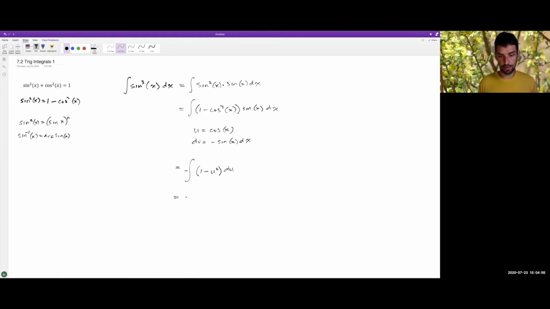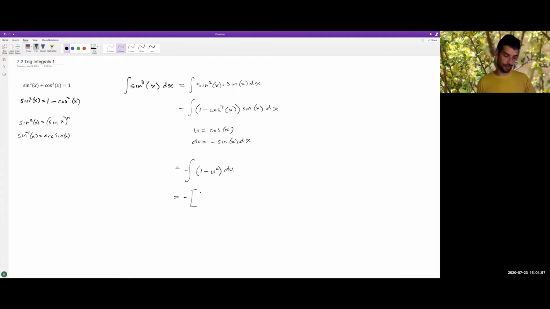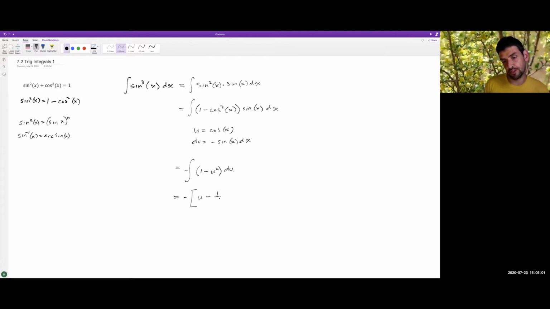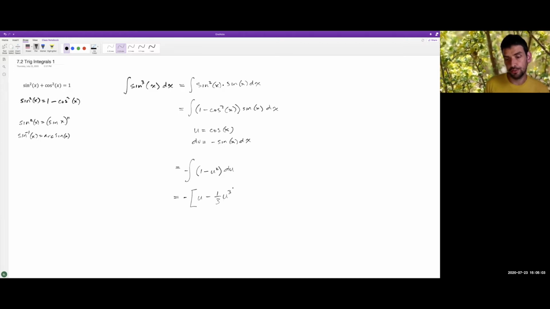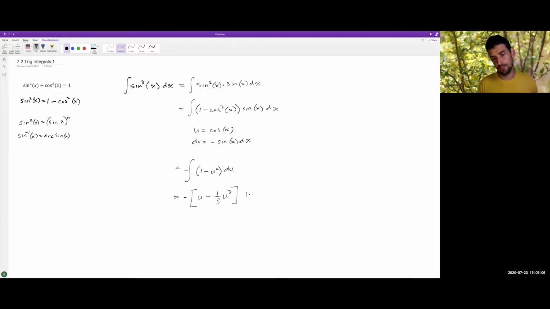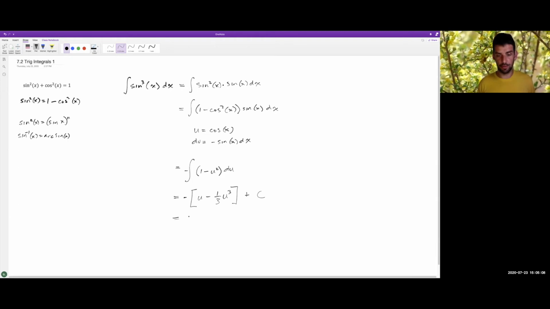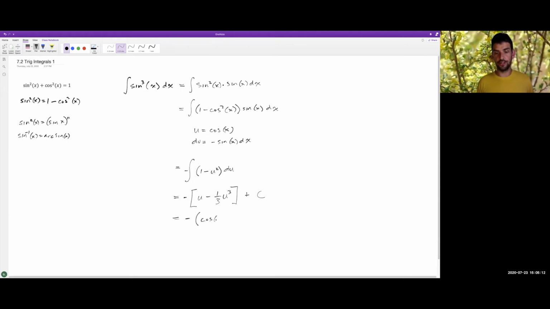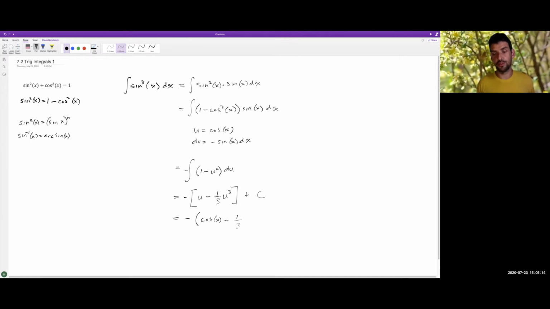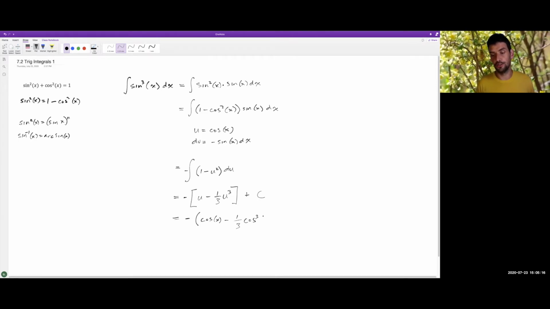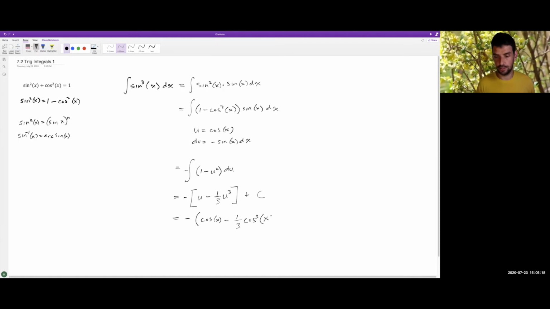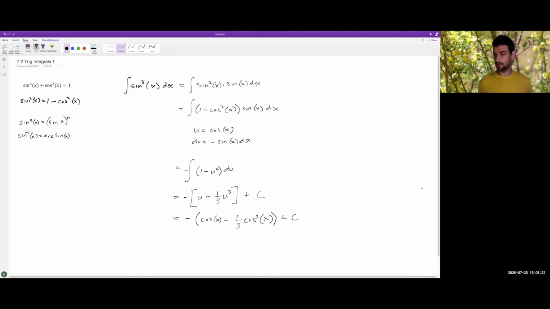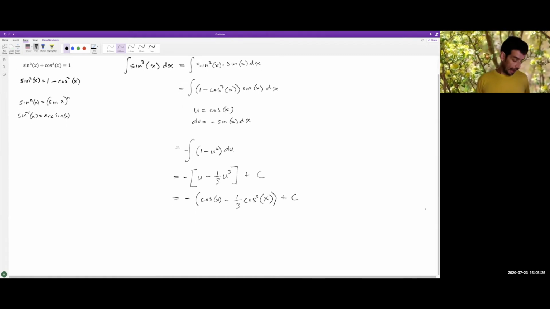We end up with negative, and then the antiderivative of what I have here is going to be u minus 1/3 u cubed plus some constant. Then we put our substitution back. u was cosine of x, so we get negative cosine of x minus 1/3 cosine cubed x, plus c. And there it is.